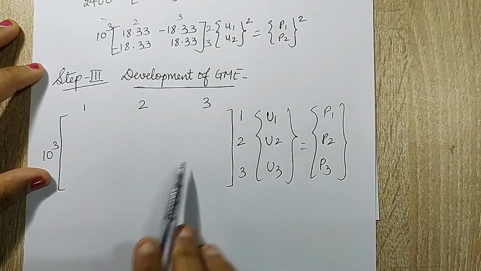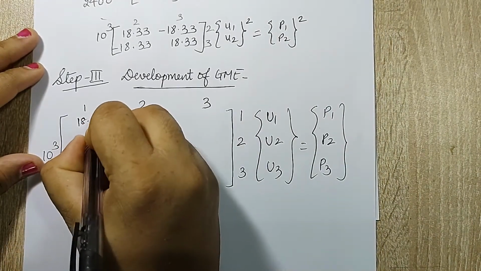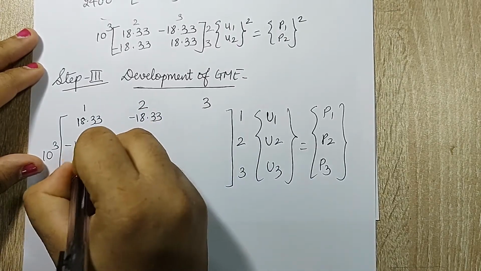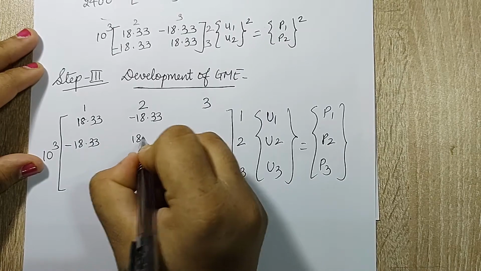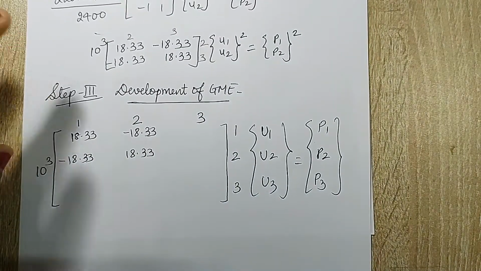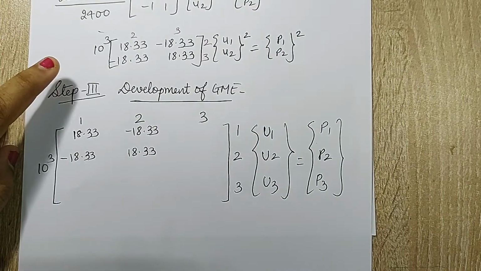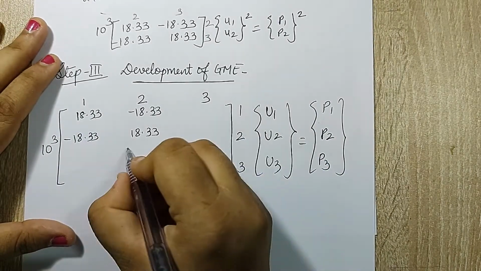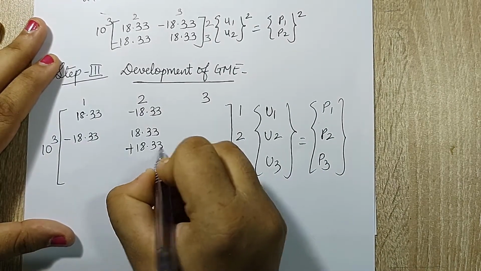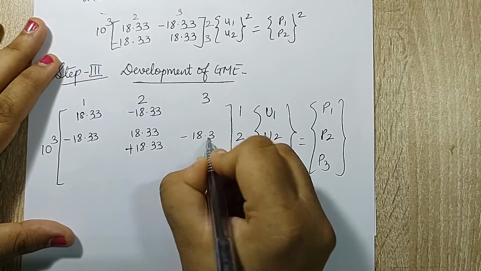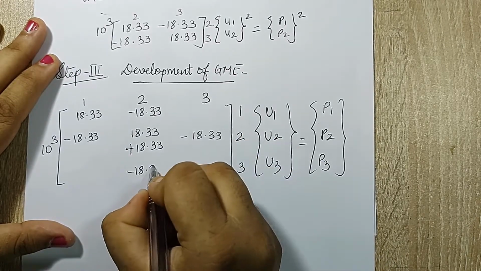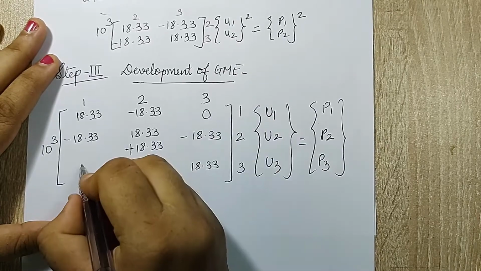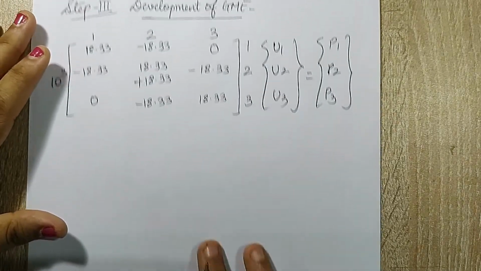So I have 1, 2, 1, 2. For element 2, again it is between 2, 3, 2, 3 and the value is same. So I'll write down 2, 3, 2, 3. There is no element between node 1 and 3.